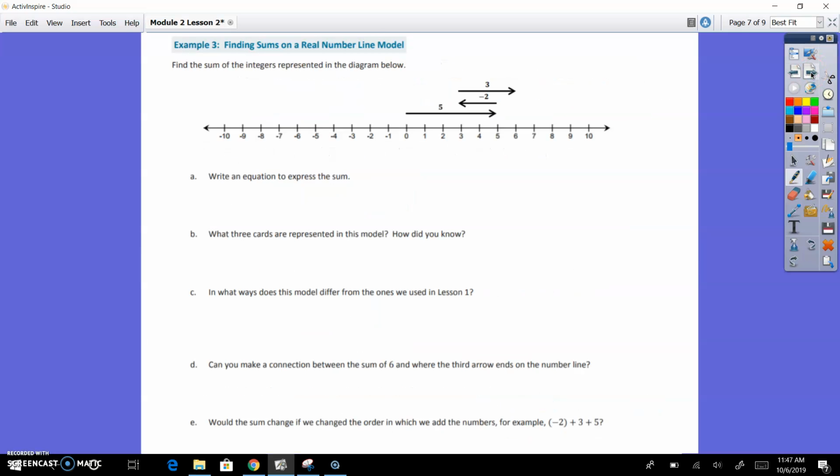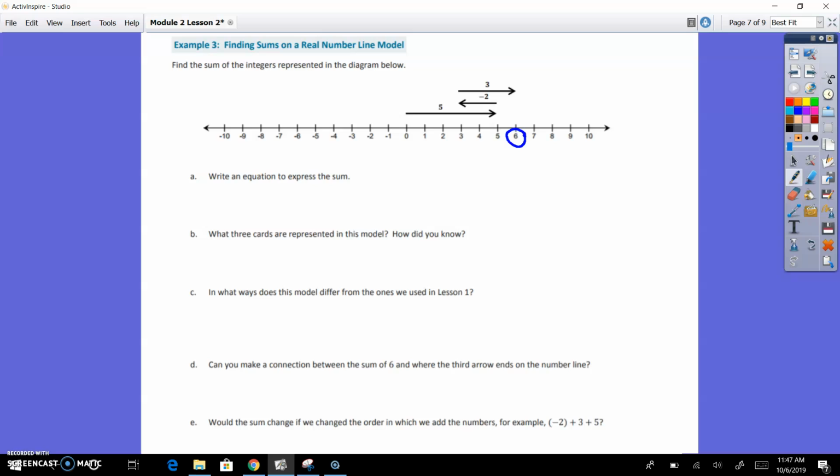Okay. Example 3, find the sum of the integers represented in the diagram below. We can see we're starting at 0, we're going to the right 5, then we're going to the left 2, and then we're going to the right again 3, and so that puts us at 6.